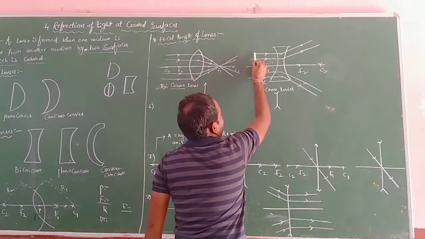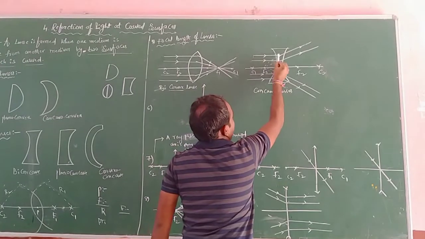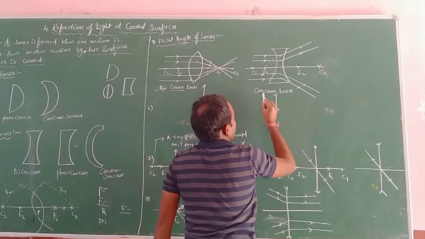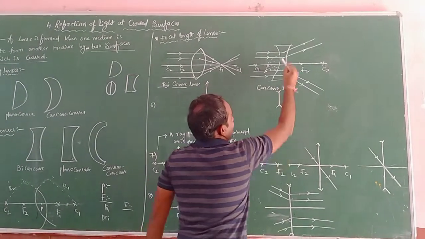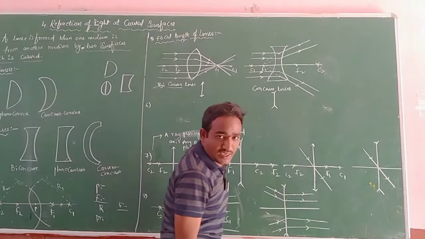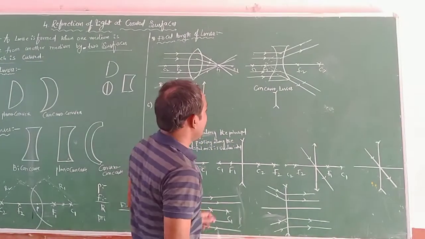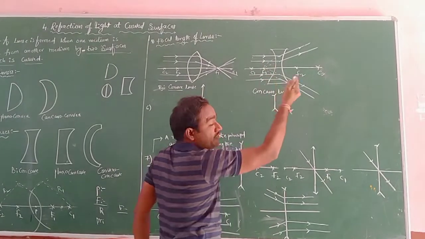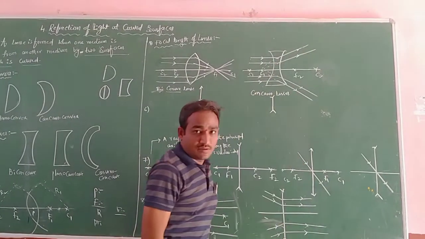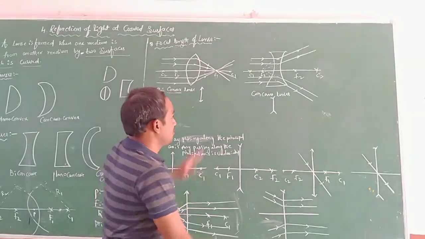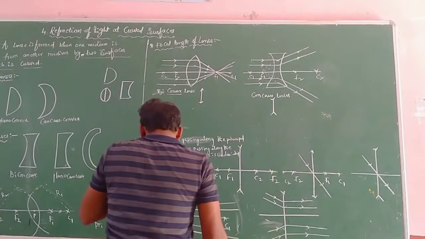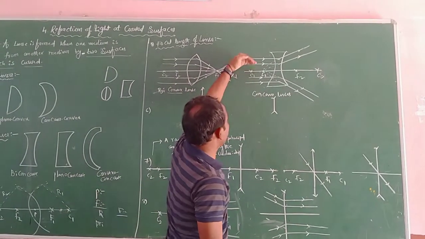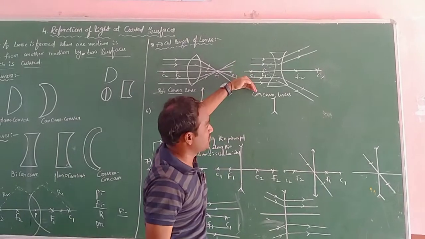Take a ray parallel to the principal axis. After striking the concave lens, it undergoes refraction. Another ray also parallel to the principal axis diverges after refraction, one from above the principal axis and one from below.